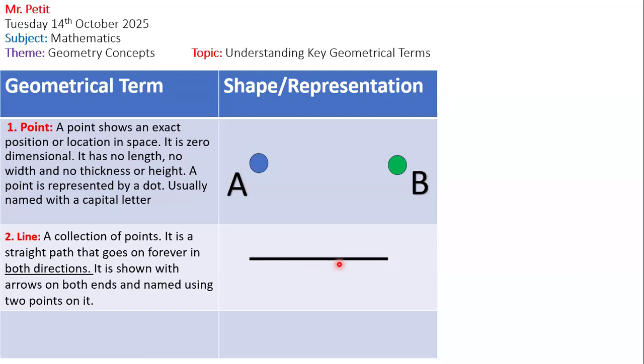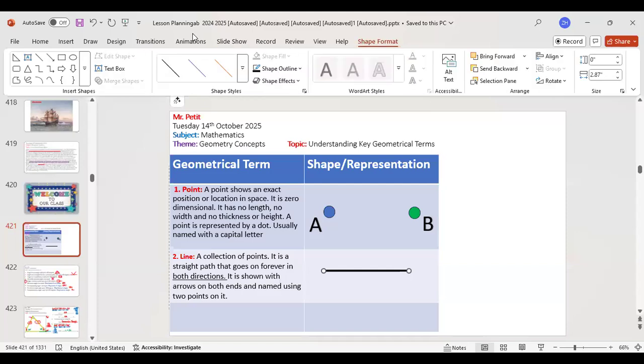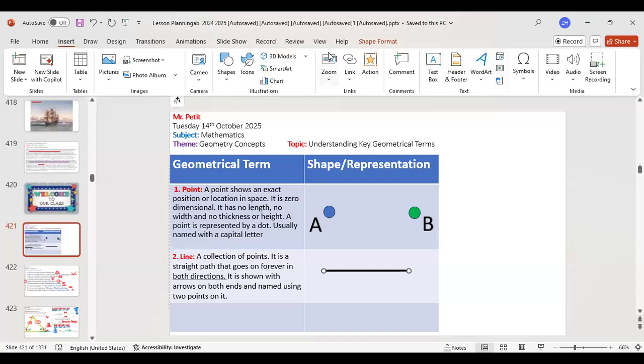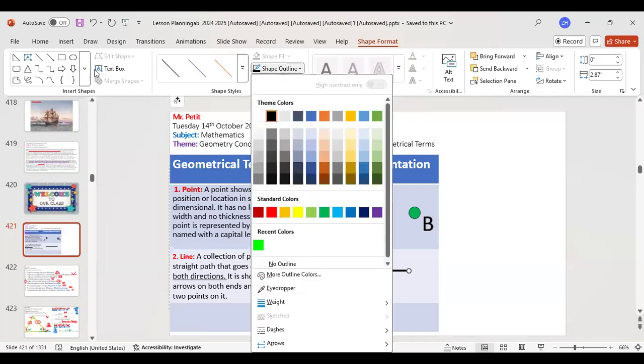So we can't call this a line, because for it to be a line, we need to have the arrows. So this is not a line. This is a line segment. In regular vernacular, people would say this is a line, but technically, by math definitions, it's a line segment.